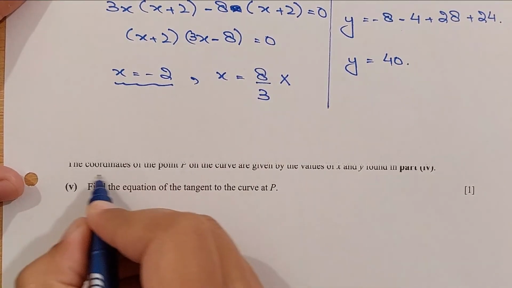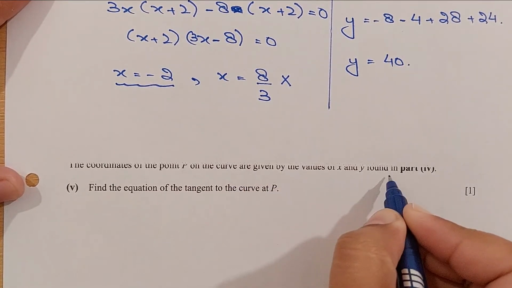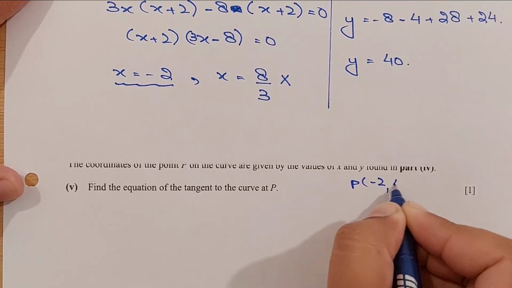Okay, the next is the coordinates of the point P on the curve are given by the values of x and y found in part 4. So P coordinates are minus 2 and 40.